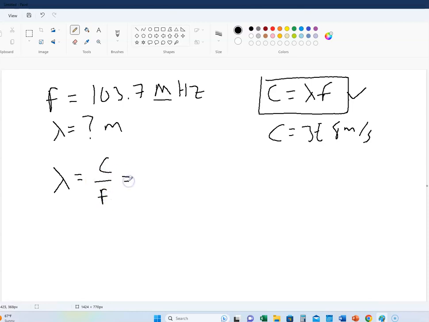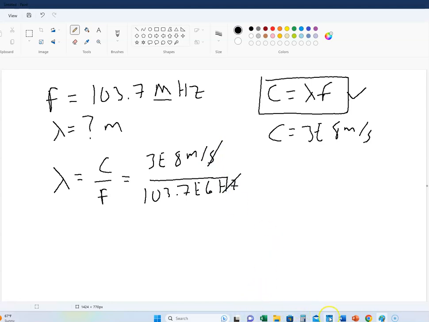Again, the speed of light is 3 times 10 to the 8th meters per second, divided by 103.7, and mega means times 10 to the 6th. Hertz and 1 over seconds are the same thing, so those cancel, and that'll give us an answer in meters.